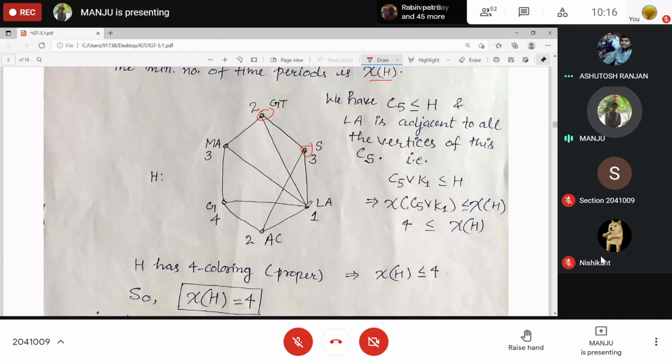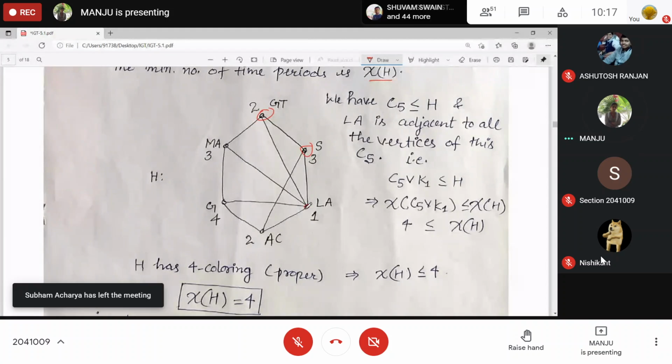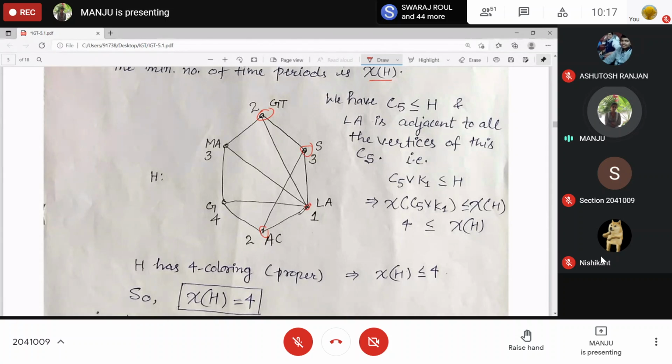These are adjacent, and this is adjacent. If there is C3, then in every 2 courses of this C3, some students are common. Okay, so C3 के कोई भी course एक slot पे नहीं चला सकते, right? Yes, ma'am. अलग slot fix करना पड़ेगा.